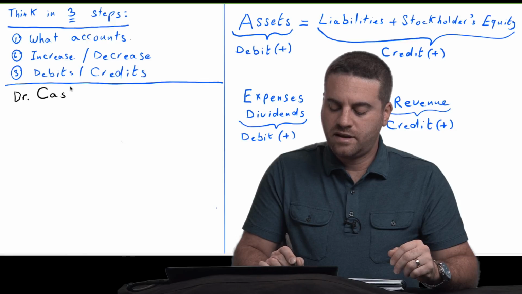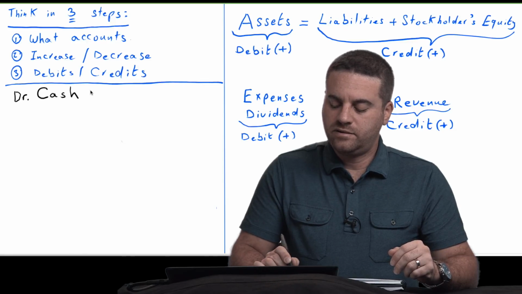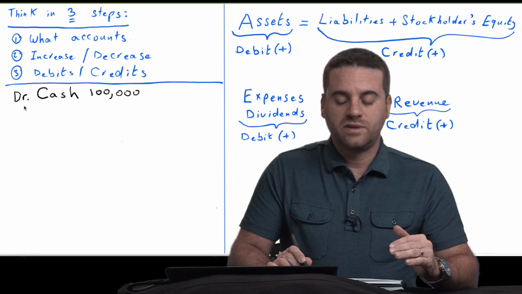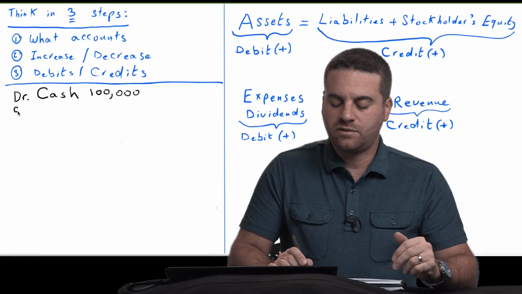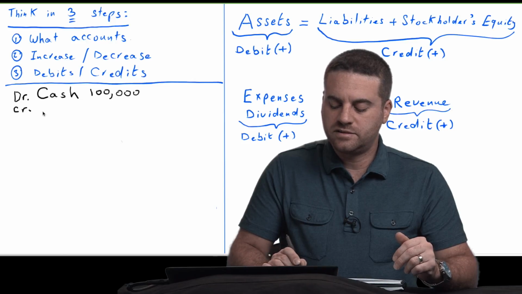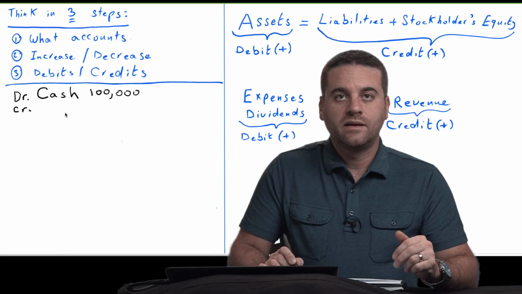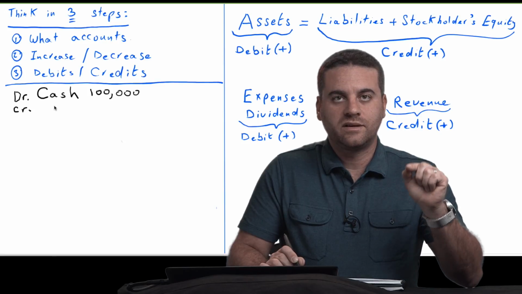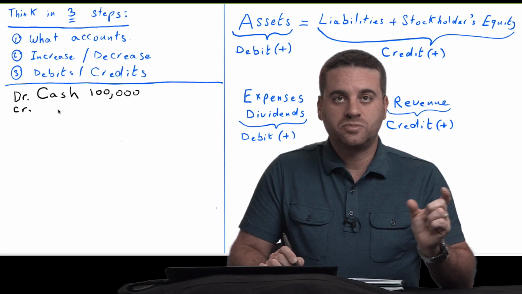I'm going to say debit cash, and the amount is $100,000. So I'm just going to write down the amount. And then once I'm done with the debit, then we can start with the credit. So credit, CR. Leave a space. Like if you're on a computer, when you click on a tab, and it gives you about 1 inch space.